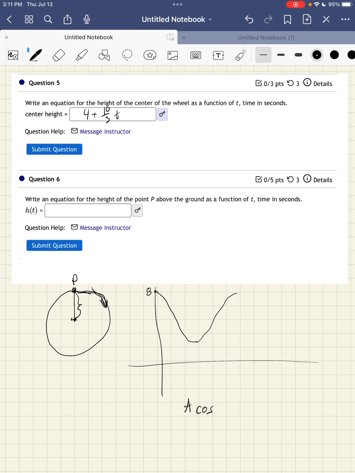It's of the format A cosine BT plus K. Well, I would just say it's in the A cosine BT format, because right now I'm just focusing on writing this point as a function of time, as it just goes around this circle. And then we'll worry about going up the ramp next.